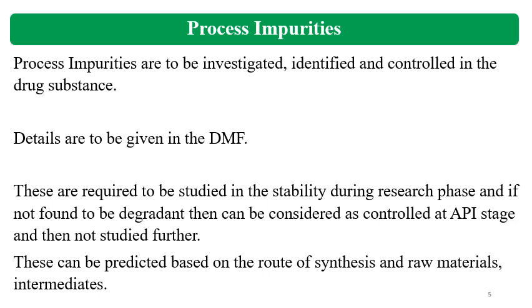These are required to be studied in the stability study during research phase of the API or drug substance, and if not found to be degradant, then can be considered as controlled at the API stage, and then these are not studied further. These can be predicted based on the route of synthesis and the raw materials used and the intermediates formed in the route of synthesis of the API.